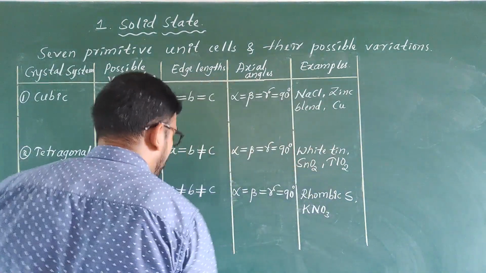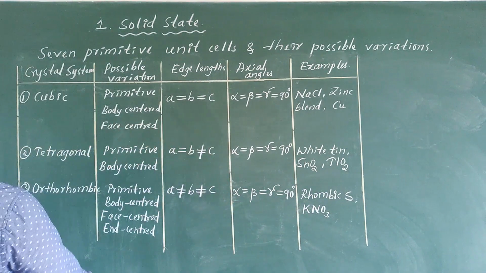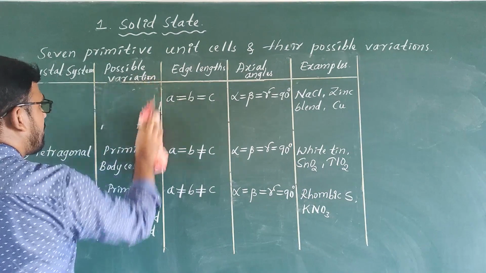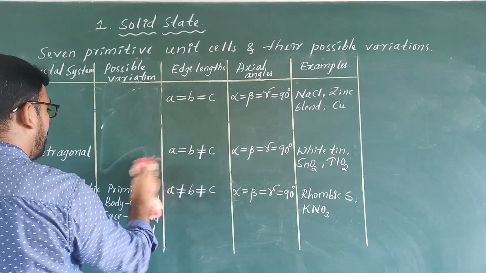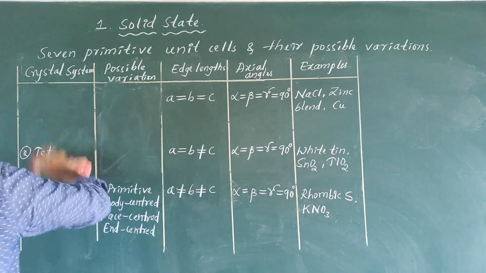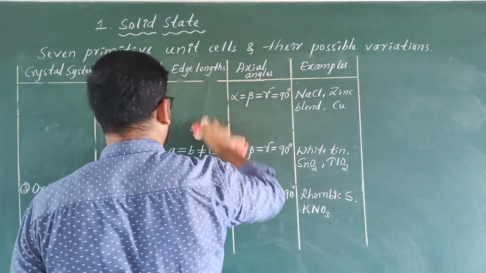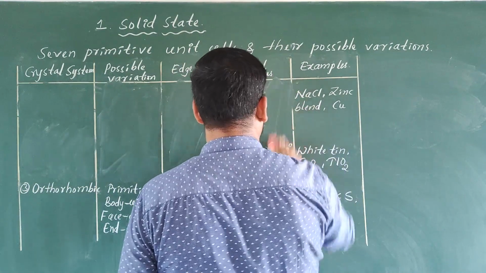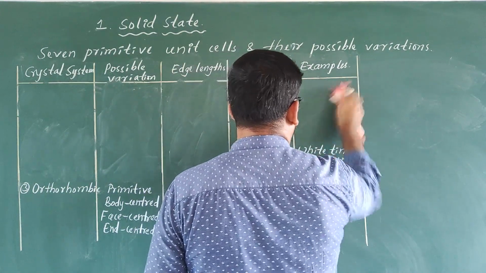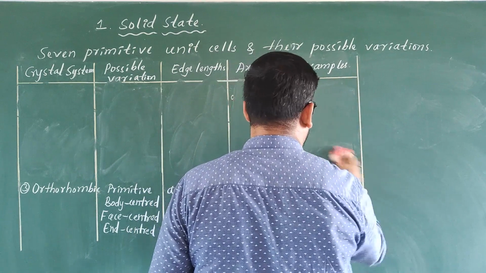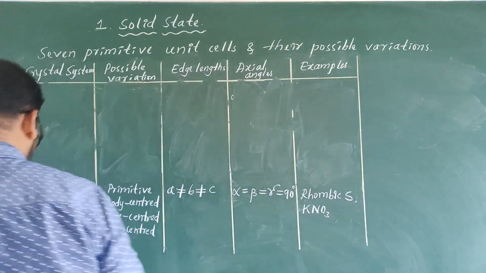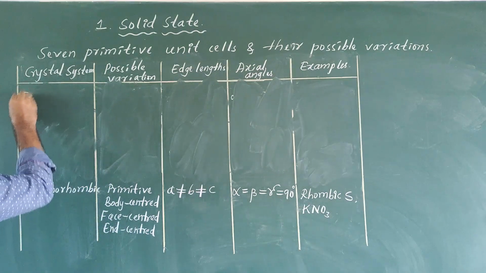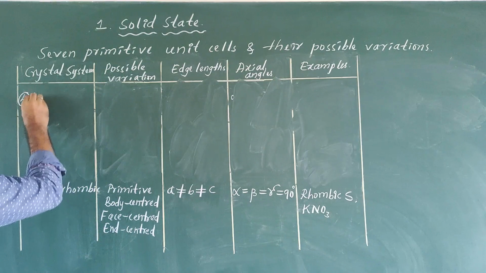Next, coming to hexagonal. So the fourth crystal system is hexagonal.